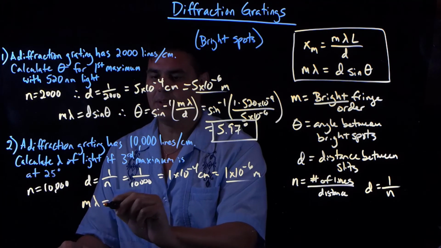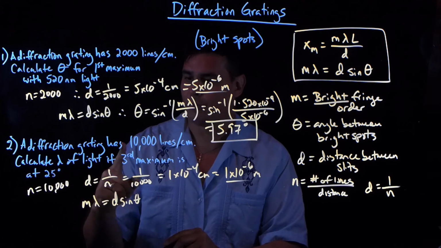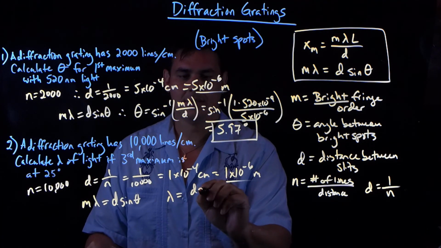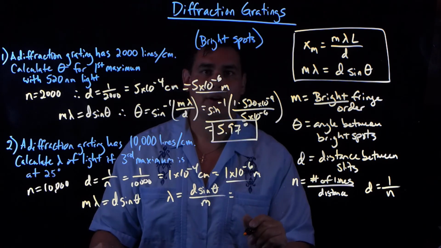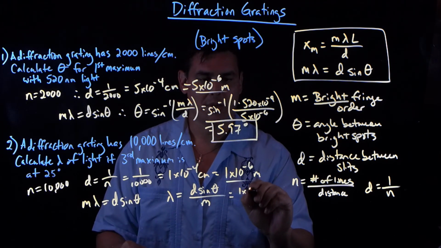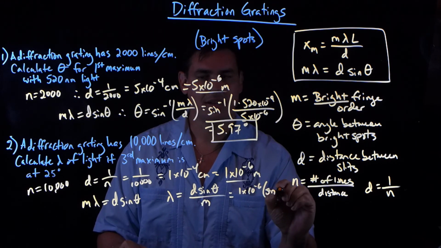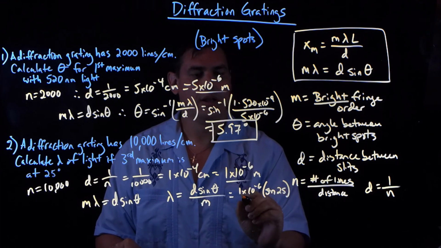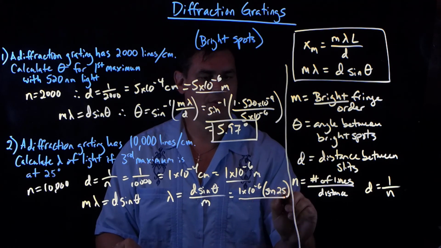So m lambda equals d sine theta. We're going to solve for lambda. So lambda is d sine theta over m. All right, and so d is 1 times 10 to the minus 6th times the sine of my angle, 25 degrees, over m.